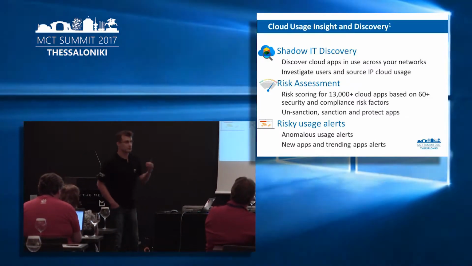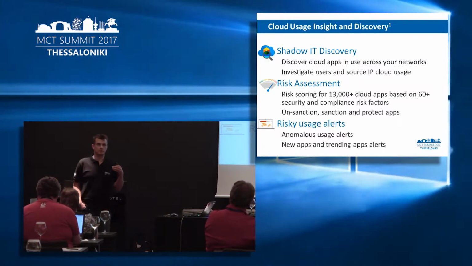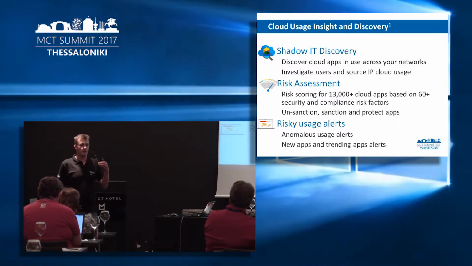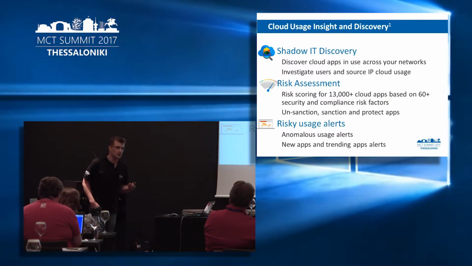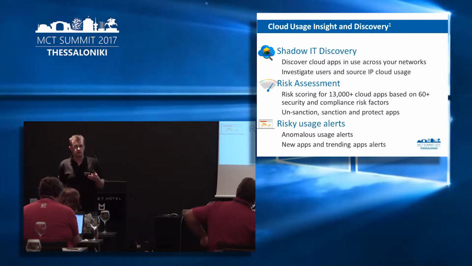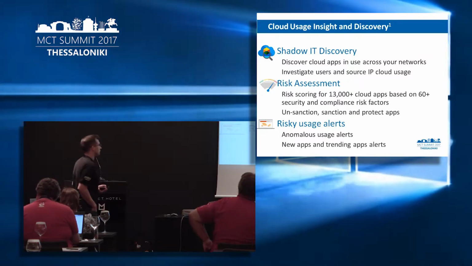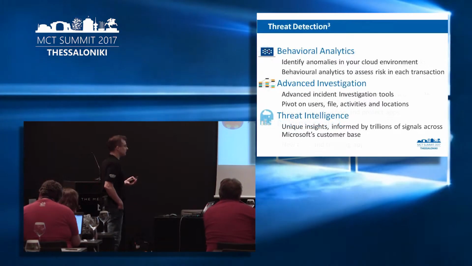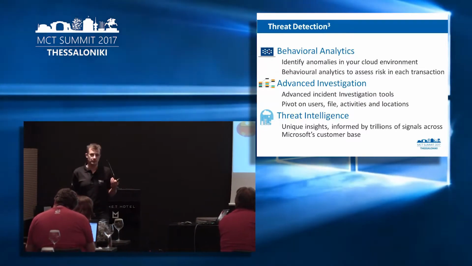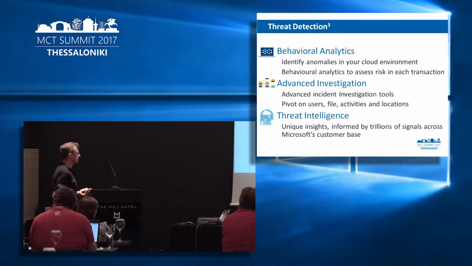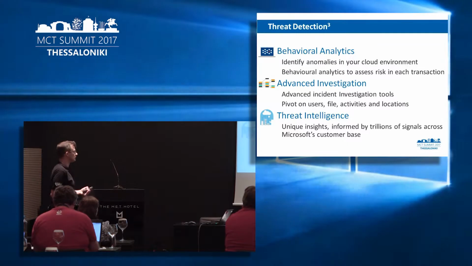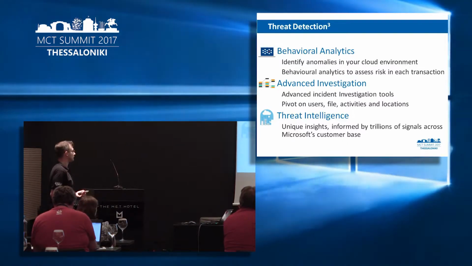Just a few clicks away is the action of blocking the user or changing appropriate permissions or taking actions to prevent more harm. So with Cloud App Security, we have more control of what is going on.